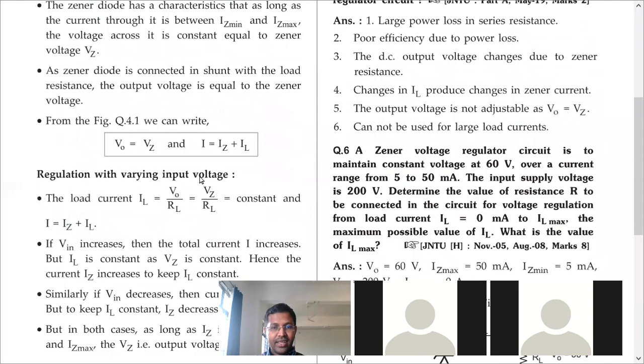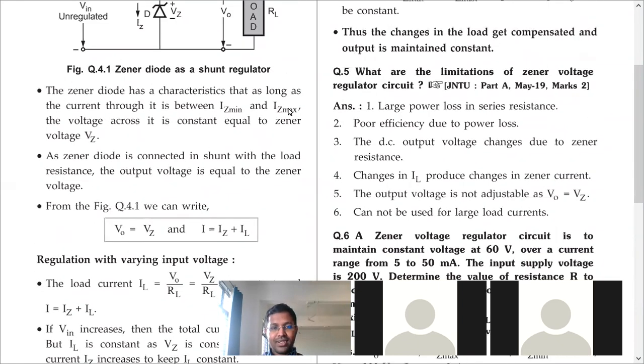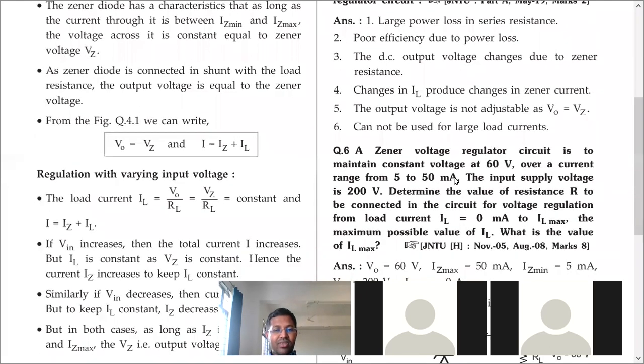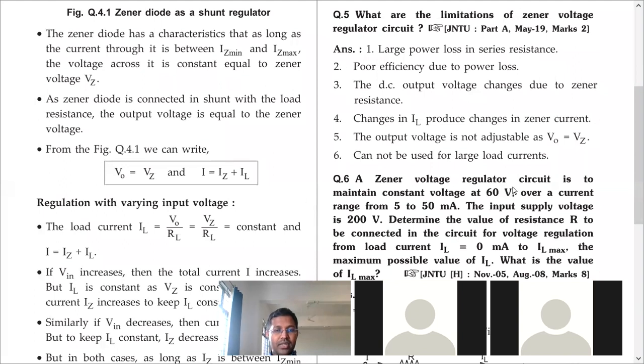The Zener current is usually in milliampere, so we cannot use this for large load currents. Next we will solve question number 6.